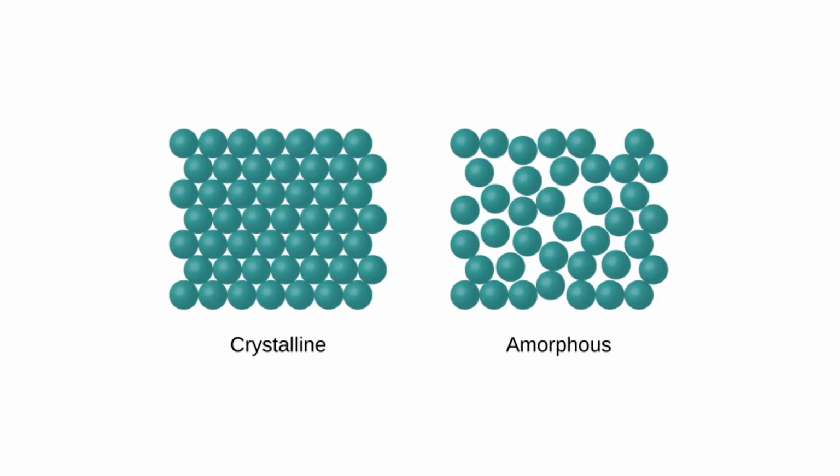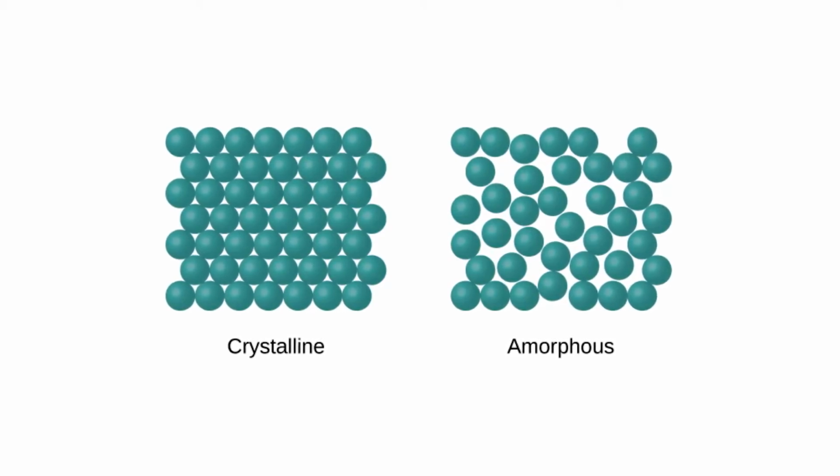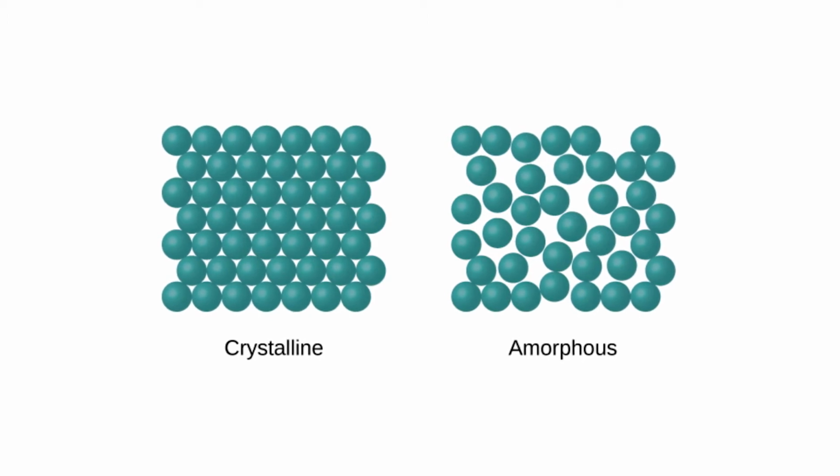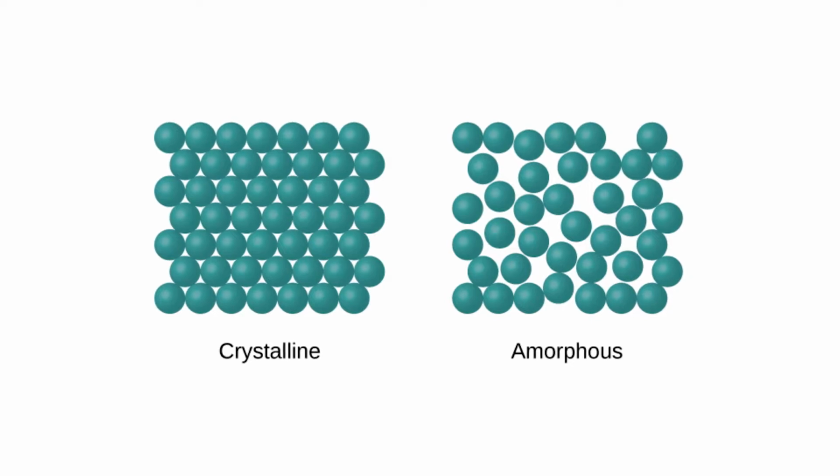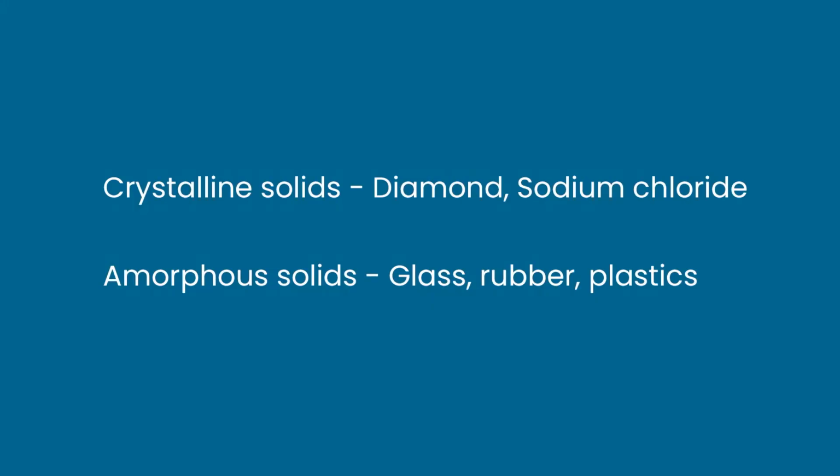From the figure, it is clear that the crystalline structure has a neat arrangement and amorphous solids have a disordered pattern. Examples for crystalline solids are diamond, sodium chloride, etc. And for amorphous solids, we have glass, rubber, plastics, etc.